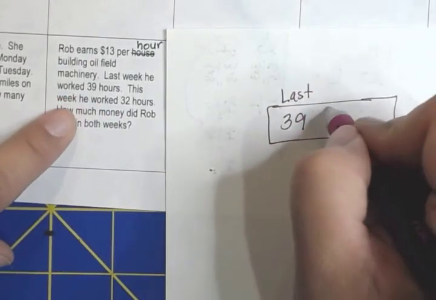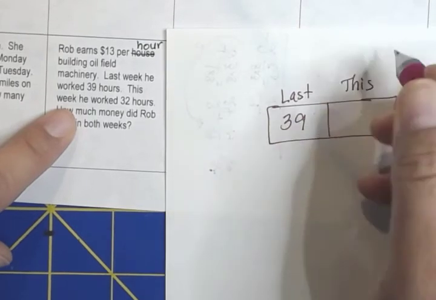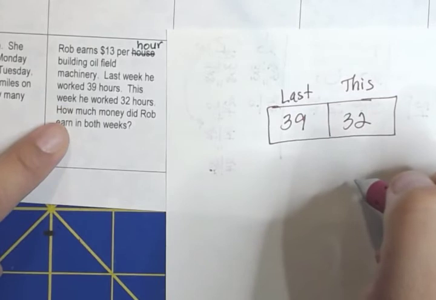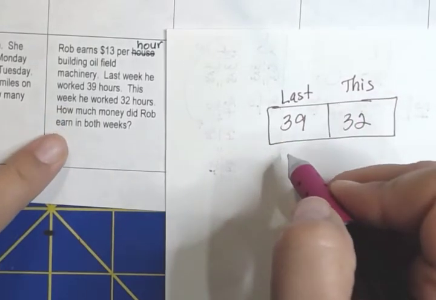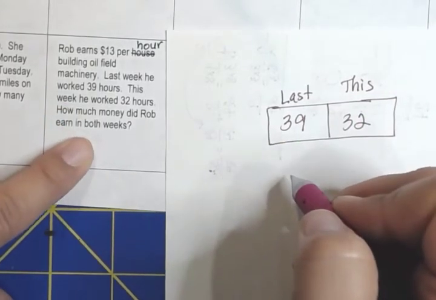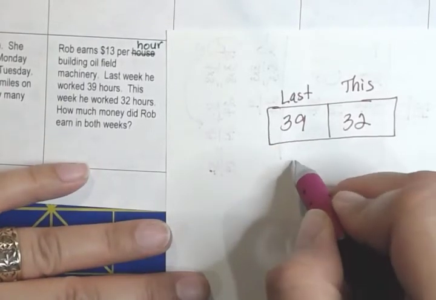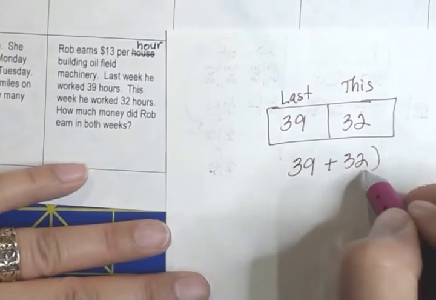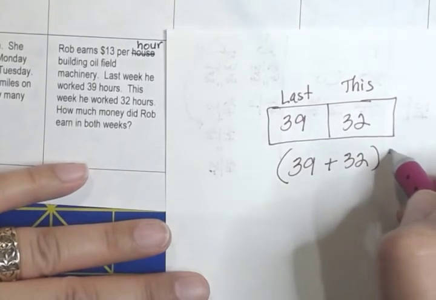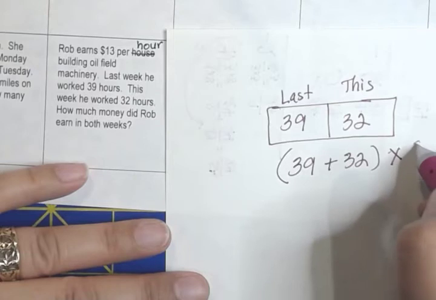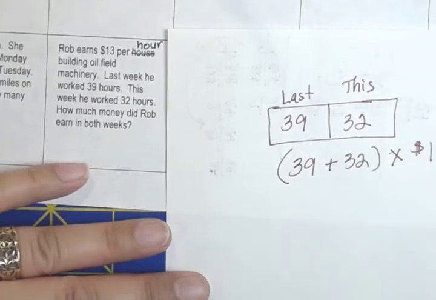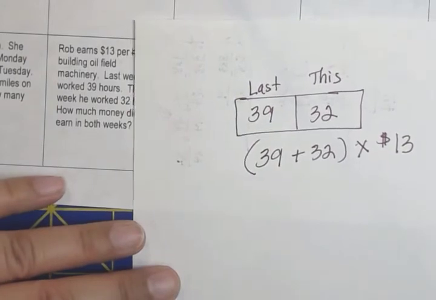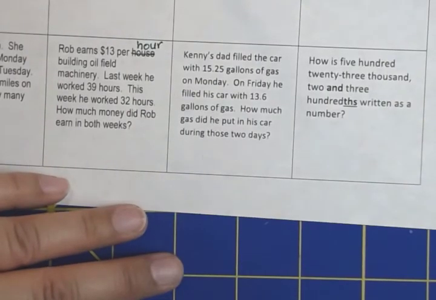And then this week, he worked 32 hours. How much money did Rob earn both weeks? So if he worked 39 hours plus 32 hours, then you take every hour and you multiply it by 13 because that's how much he makes per hour. Great. Let's move on to Kenny.